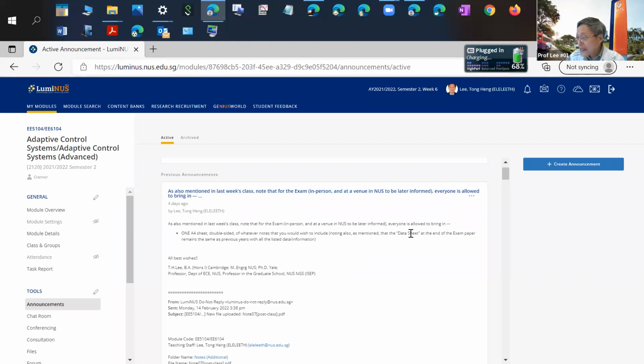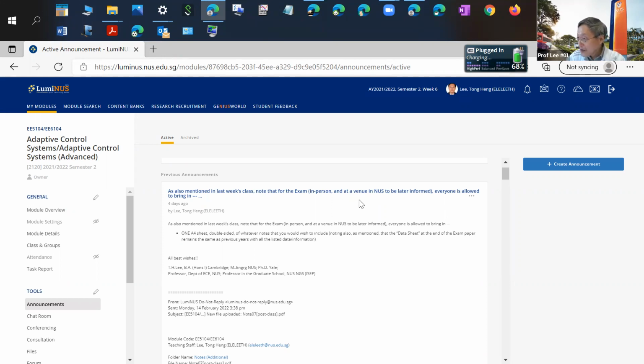It will be in person in the classroom, and closed book, in accordance with all the usual pathways in which we have done it. Although closed book, you are allowed to bring in your own A4 sheet, double-sided, of whatever notes you want to put in. Remember, I reminded you it should be one A4 double-sided. Don't be too clever, otherwise the administrators can reject it.